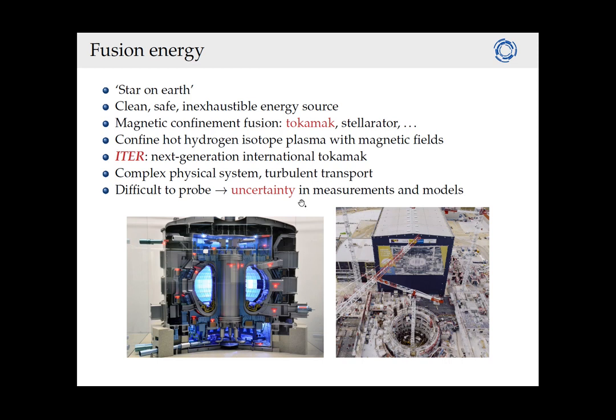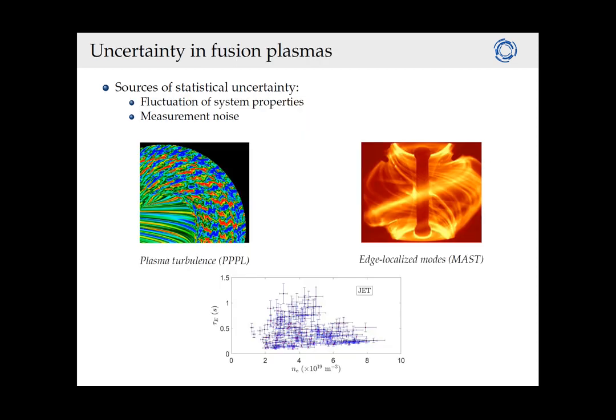There are many different ways to do measurements at such a plasma, with many different types of sensors and diagnostics, but generally there's a lot of uncertainty that has to be dealt with, and that is not only measurement uncertainty, but of course also uncertainty in the underlying models describing the diagnostics and describing also the underlying physics. And so it's a considerable challenge to deal with that uncertainty, and this is what this talk is actually about.